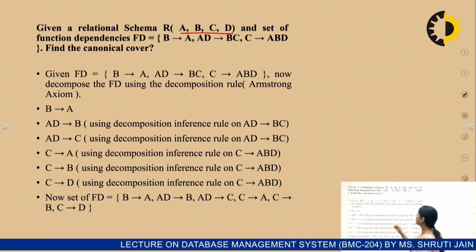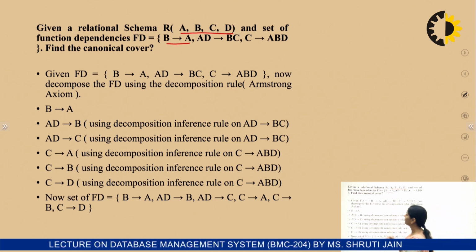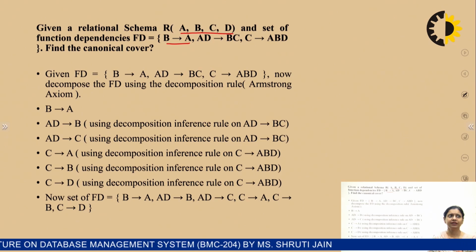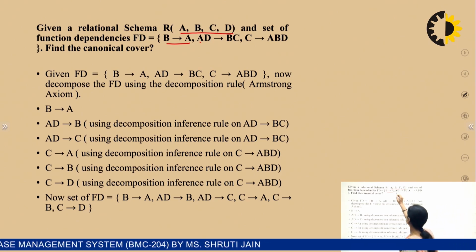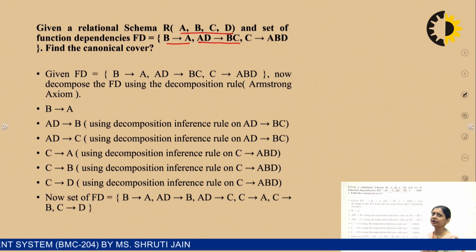This functional dependency says B is functionally dependent upon A, and AD is functionally dependent upon BC.